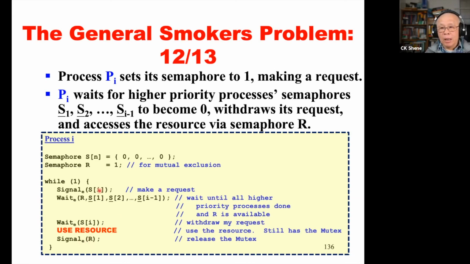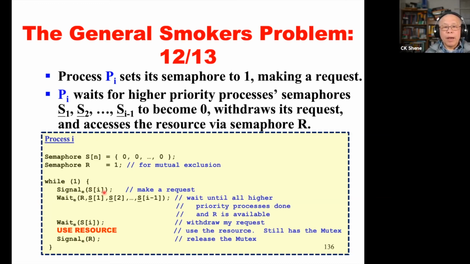So the key concept here is process I uses signal Si to make a request, making its counter non-zero. If its counter is non-zero, it will block the requests by Pi plus 1, Pi plus 2.